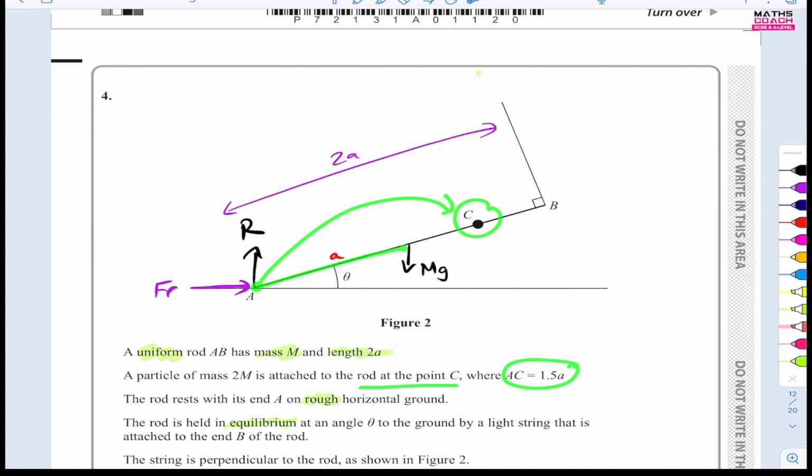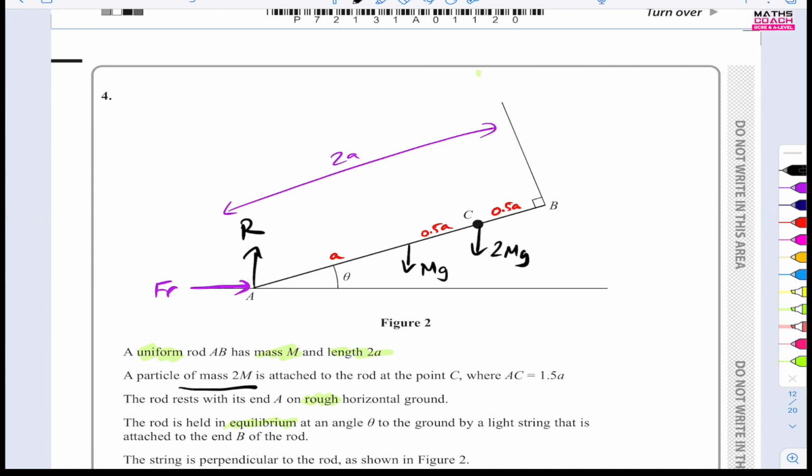If this is a already, that's 0.5a. So that means C is actually dividing this exactly in half. So that's going to be 0.5a right there, and 0.5a right there. Because A to C is 1.5a. All right? What else? Oh, okay. C is also going to have a particle there of mass 2m, so it's 2mg, the weight.